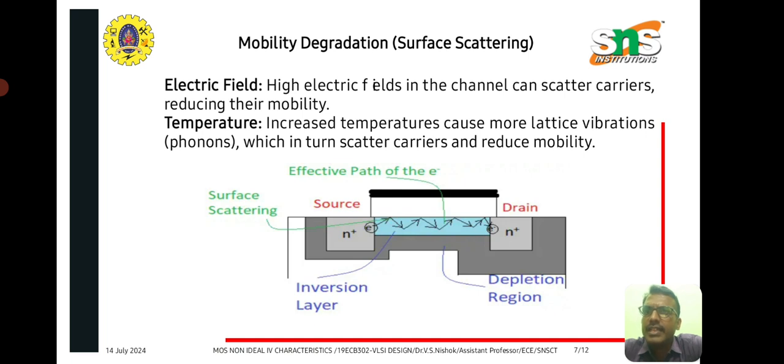If you see the image here, between the two n-type regions inside the channel, we have assumed that the charges move in a straight line, but due to high electrical field the charges start to scatter from a straight line and move in a scattered manner as shown in the figure. Because of that the mobility starts to vary, it won't be constant. That is named mobility degradation.